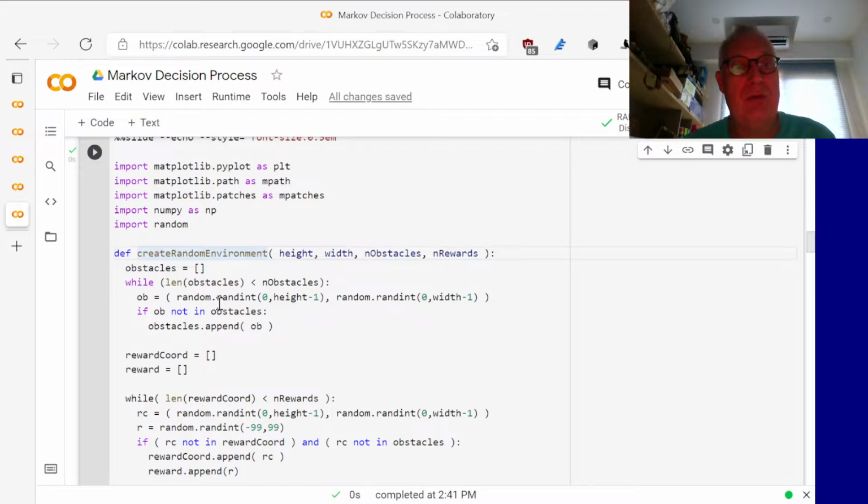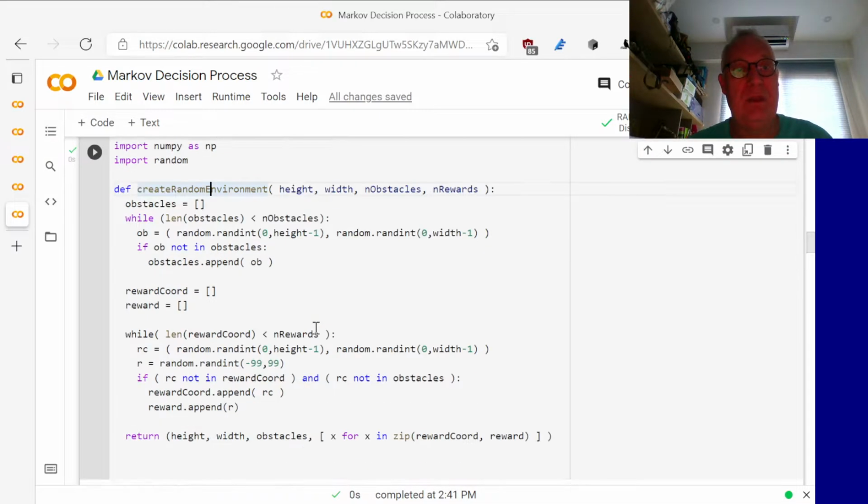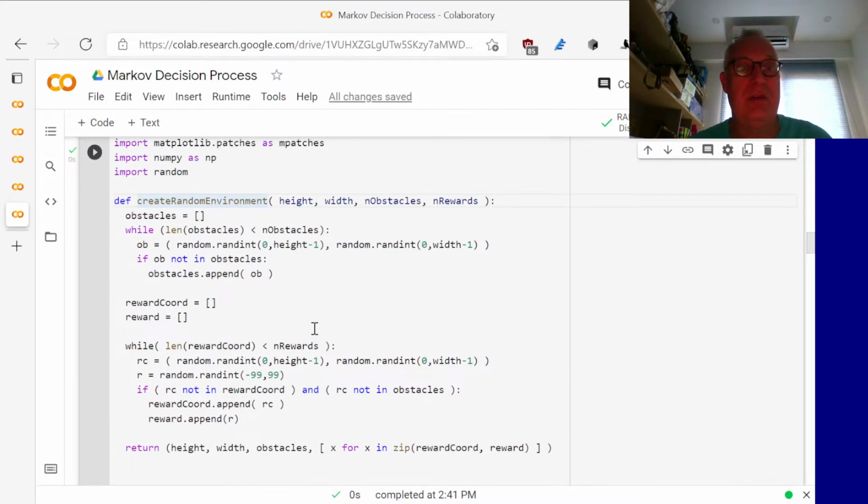So I already wrote the code in order to generate the grid world. You can try it out yourself. That's a good exercise in Python programming.